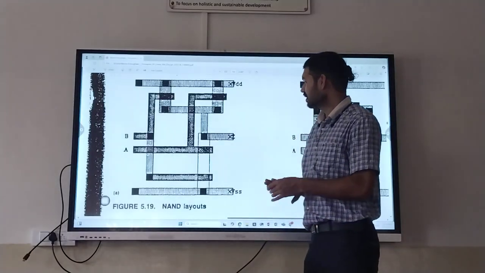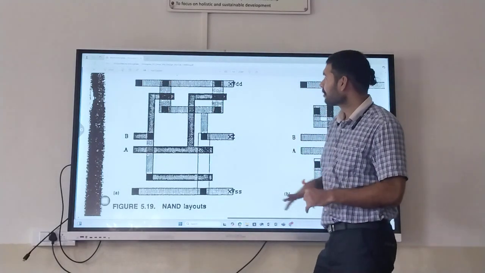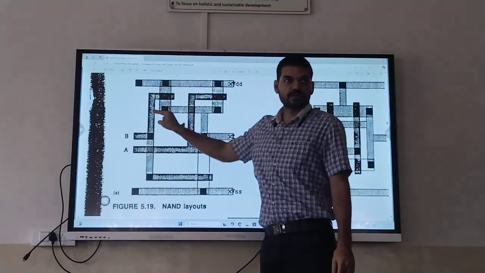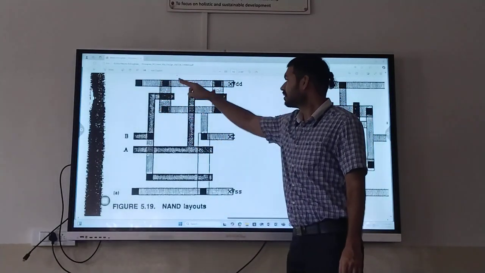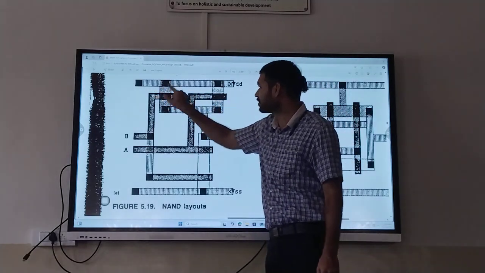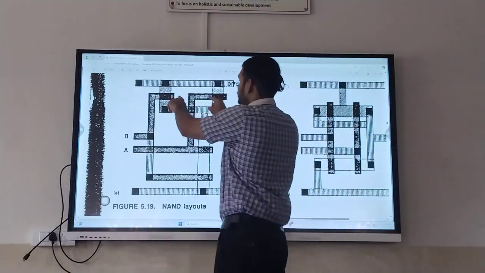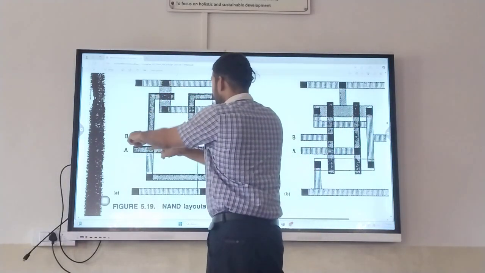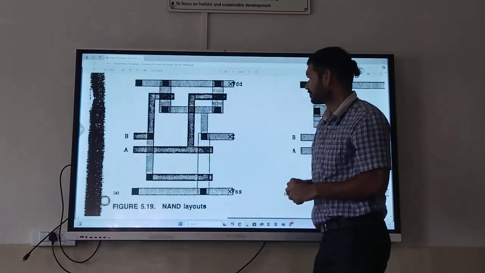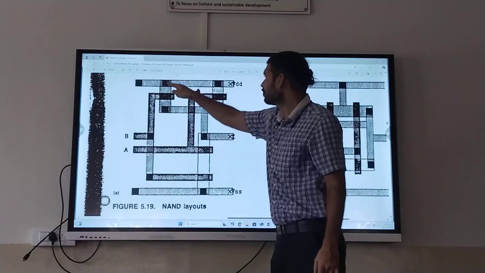Now this is how the connection is done. They have taken 2 P diffusions because they should be parallel. This is poly, this is poly. So we need a parallel connection like this. Then this is the other input. Next, what they are doing? The two sources are shorted to VDD.